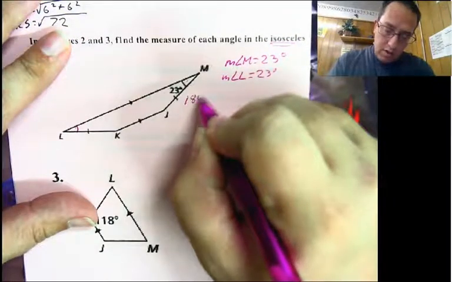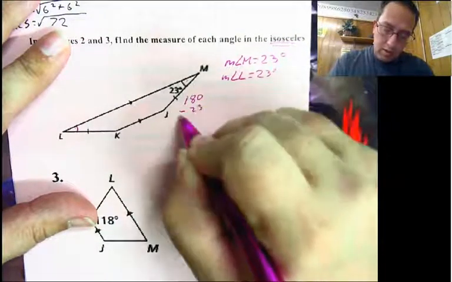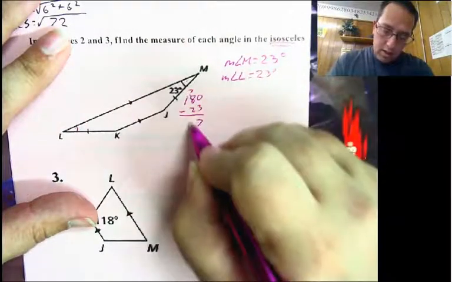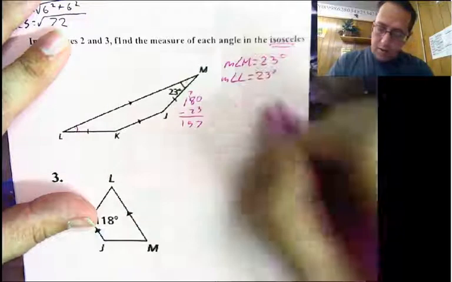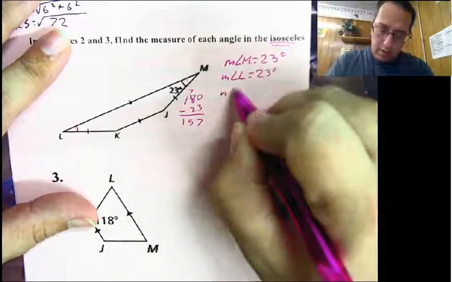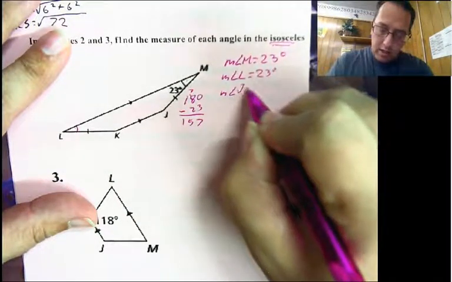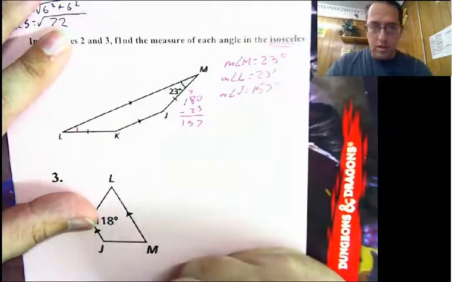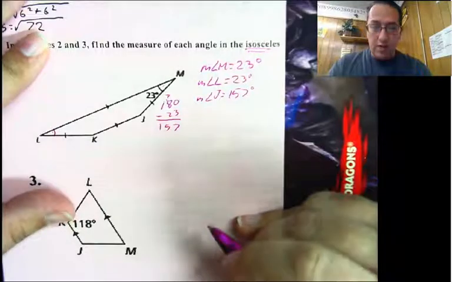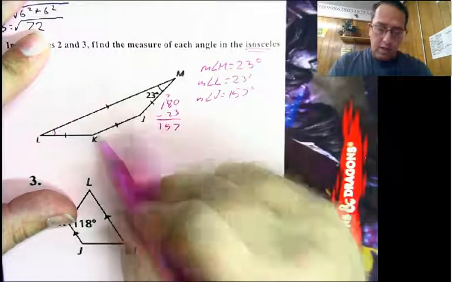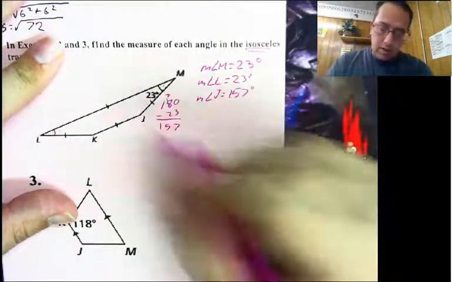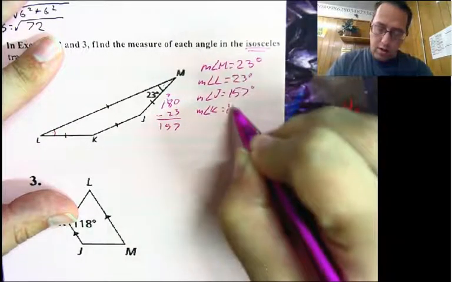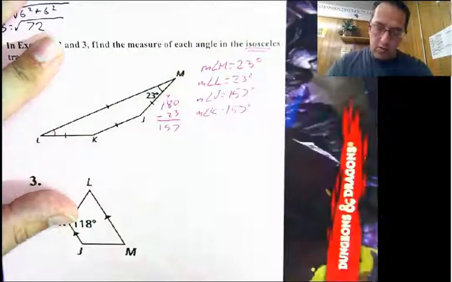So we're going to take 180 minus the 23 we have there. It is 7, borrowed from that, so that's a 7 now, and that will be 5 and 1. So that means that the measure of angle J is equal to 157 degrees. Right. Angle K, well, it's a set of base angles with angle J, so it's going to be congruent to angle J. So the measure of angle K is equal to 157 degrees as well.